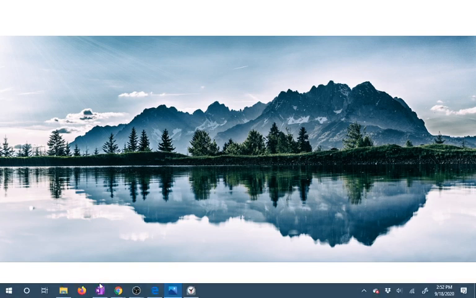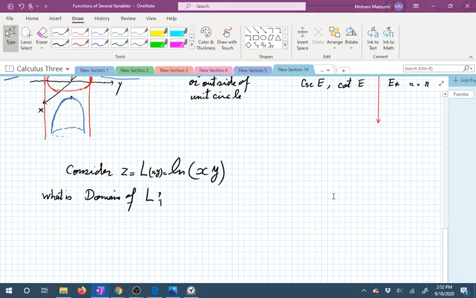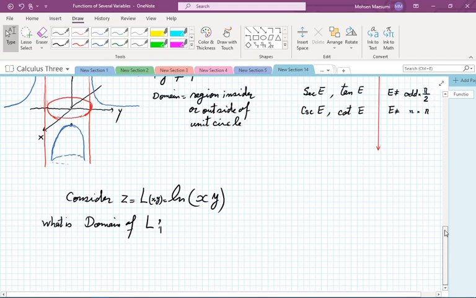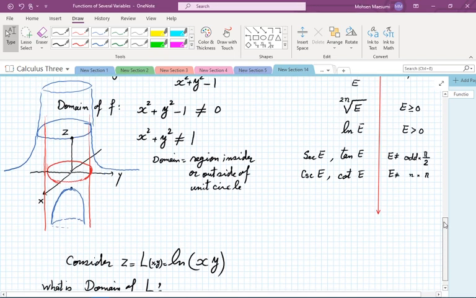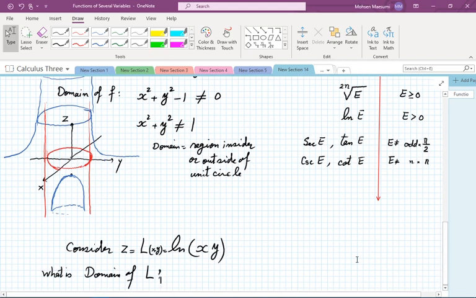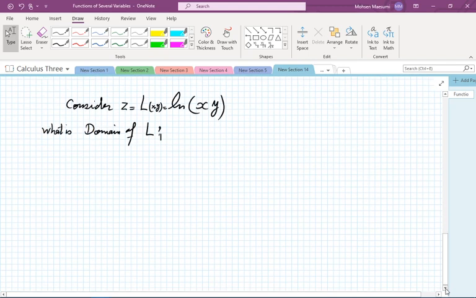Negative numbers are not allowed. 0 is not allowed either. Only positive numbers are allowed for the logarithm. So what does that mean? The input of my logarithm is x times y. It has to be positive. x times y, I want this to be positive.